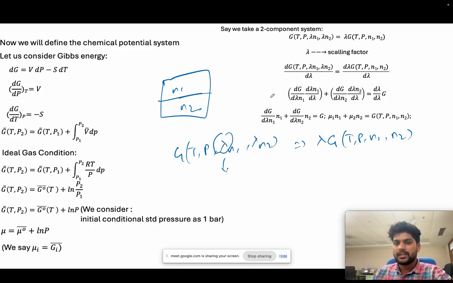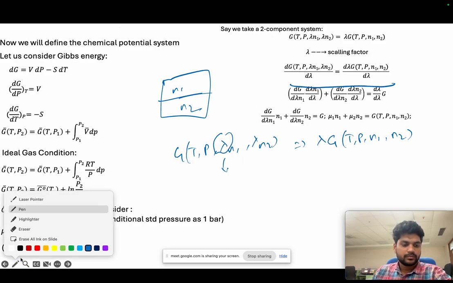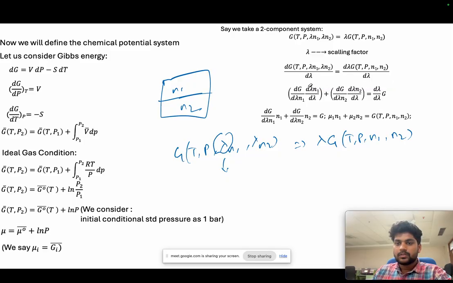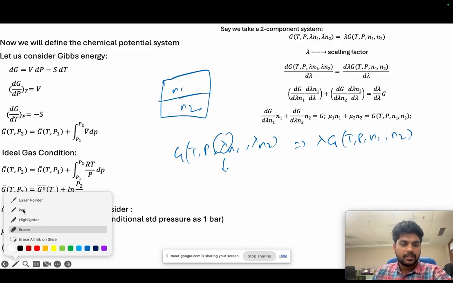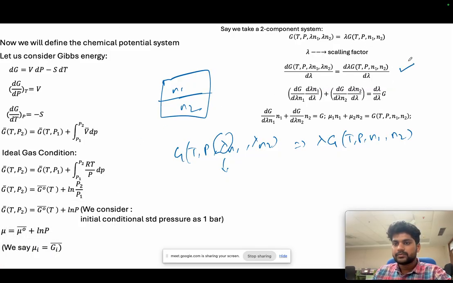Now I apply the differentiation with respect to lambda. If we apply the differentiation with lambda, we will get this equation. And then I am applying the chain rule again inside it. Here we are keeping the temperature and pressure at certain values. We have already kept the temperature constant. We are not changing this value.